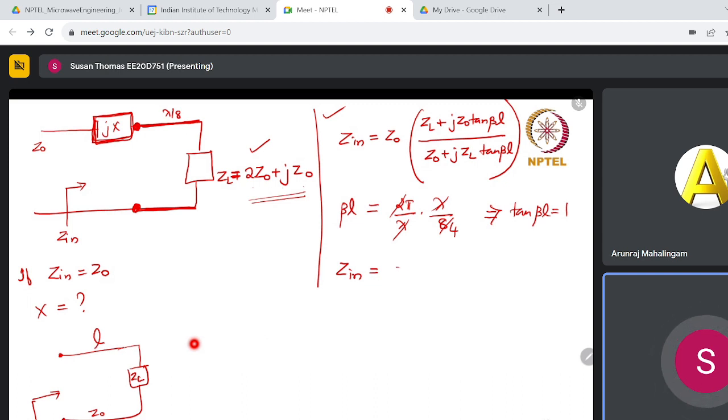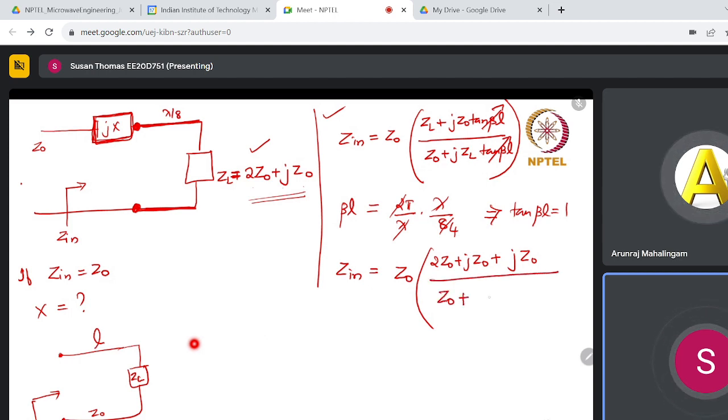So Zin will be Z0 into ZL value. I'll substitute 2Z0 plus JZ0 plus JZ0, because tan beta L became 1, divided by Z0 plus J times ZL, where ZL is 2Z0 plus JZ0.